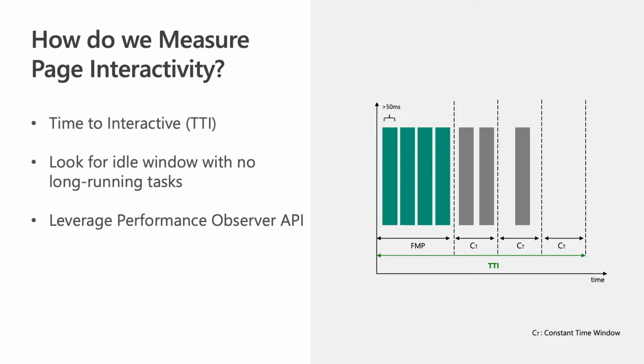To measure the time to interactivity, we need to identify the time for the main thread to acquiesce, as in not perform any long-running tasks so it can respond to user actions. We leverage the modern browser's Performance Observer API to observe long-running tasks and identify an idle time window where there aren't any such tasks. The time to reach this idle state is then measured as TTI.